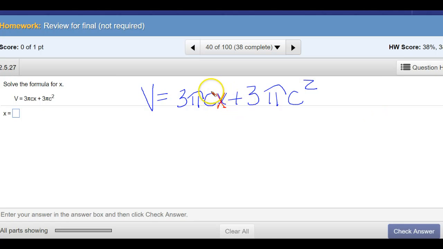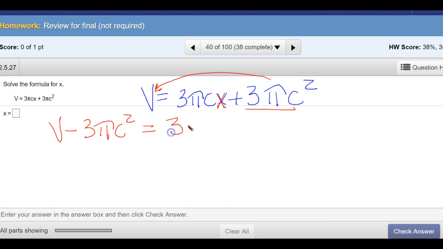Now, we want to isolate the x. So, we go v. We're going to take this and just bring it to the other side. When we do so, it becomes a negative. So just take this term, bring it to the other side, it just changes the sign.